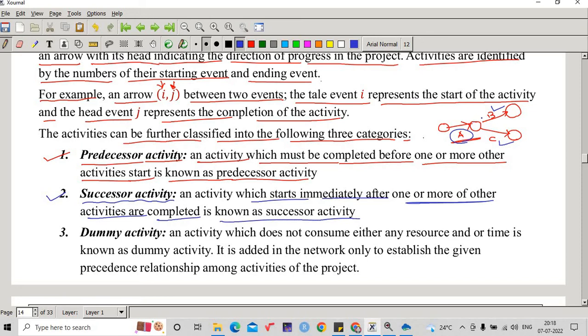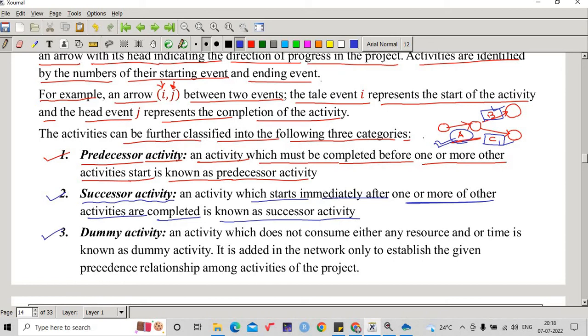Now in the same diagram, activity B as well as activity C are called successor activities of A, right? So predecessor activity means prior activity to any certain other activity, and successor activity means the next activity after the prior activity. These two terms we are going to use frequently hereafter.